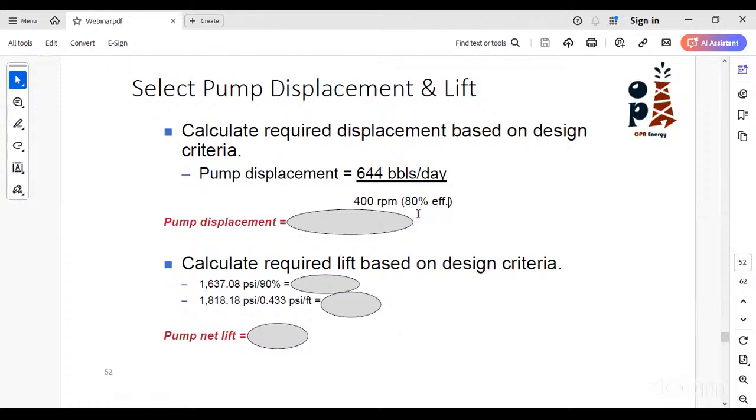So now we have decided the minimum lift requirements, or net lift head required by our pump, and also the minimum flow rate that the pump can handle, or that our pump is designed for. So in this case, we have charts, many charts from many manufacturers.